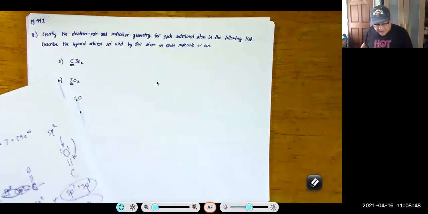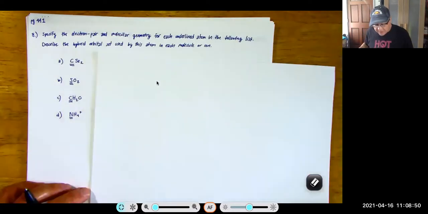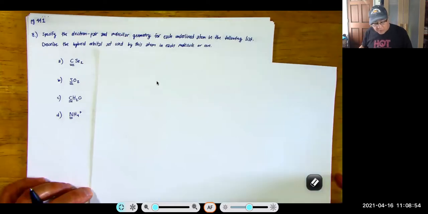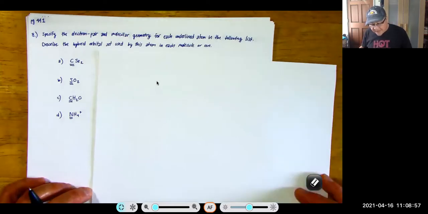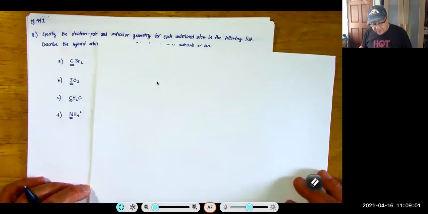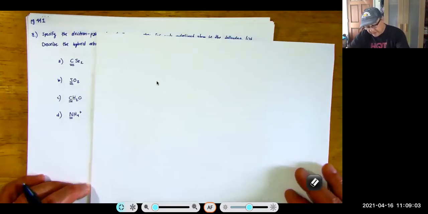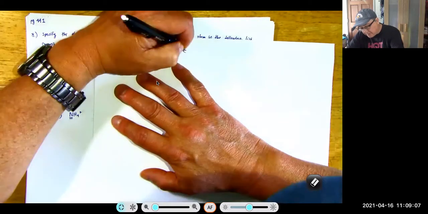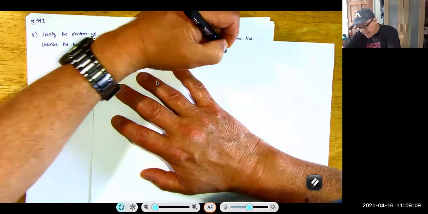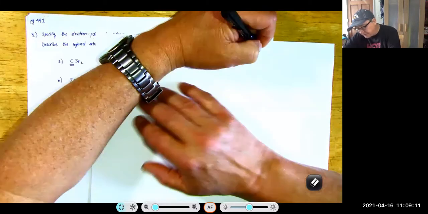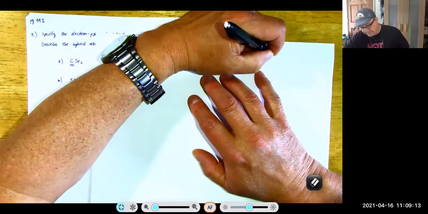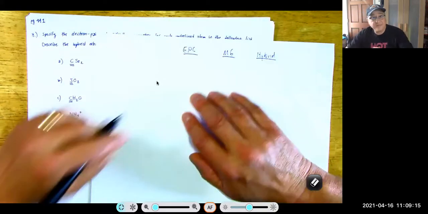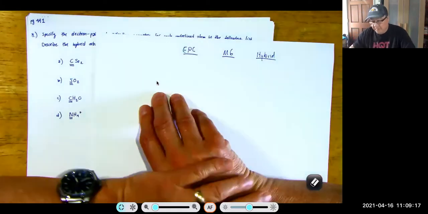Okay, specify the electron pair and molecular geometry for each of the underlined atoms. In the following list, describe the orbital set used by this atom in each molecule or ion. So we need to give, for each of these, the electron pair geometry, the molecular geometry, and the hybridization. Okay.